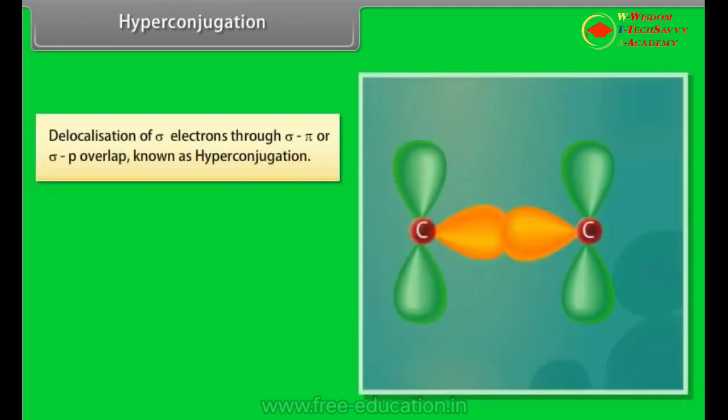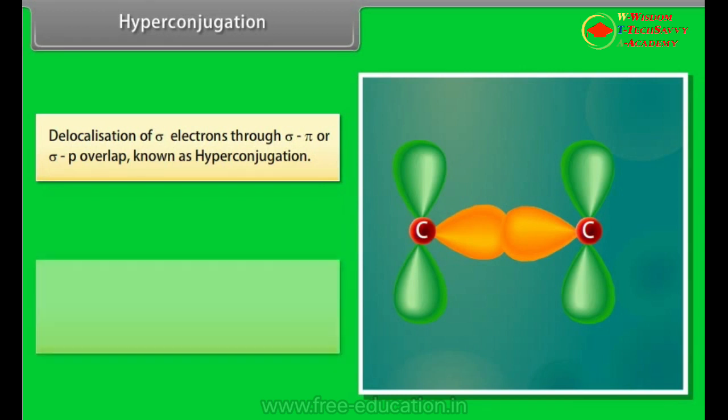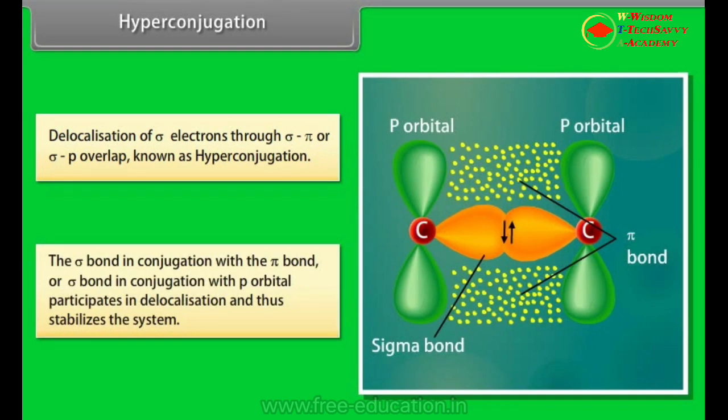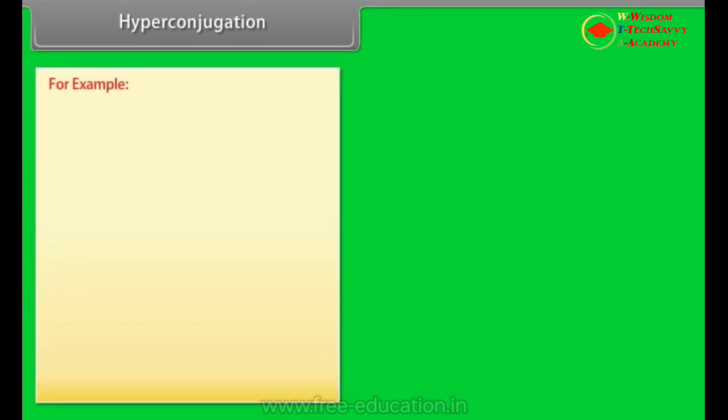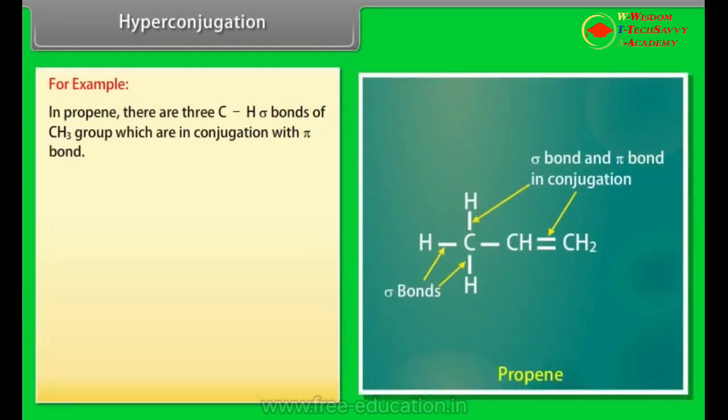Hyperconjugation. Delocalization of sigma electrons through sigma-pi or sigma-p overlap is known as hyperconjugation. The sigma bond in conjugation with the pi bond, or sigma bond in conjugation with the p orbital, participates in delocalization and thus stabilizes the system. For example, in propene, there are 3 C-H sigma bonds of the CH3 group which are in conjugation with the pi bond.